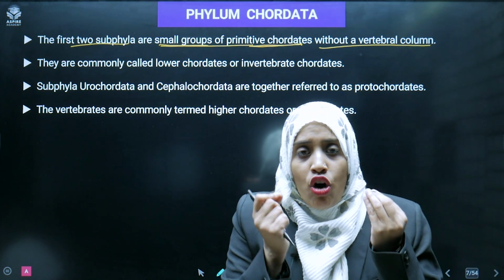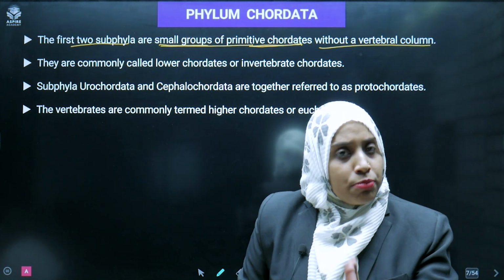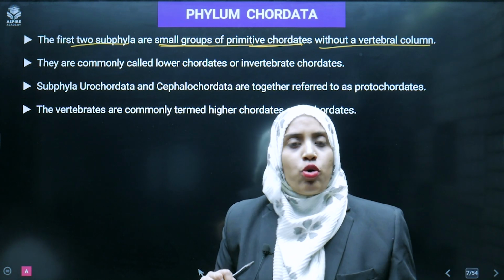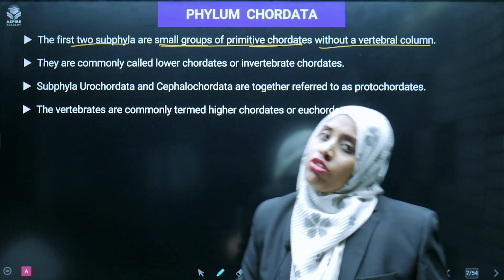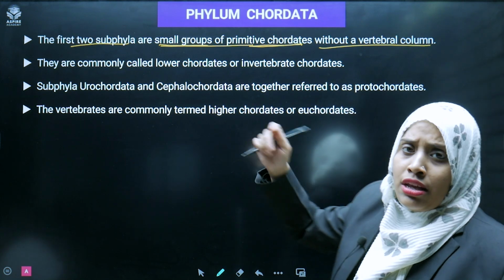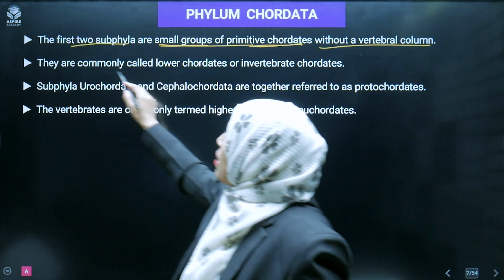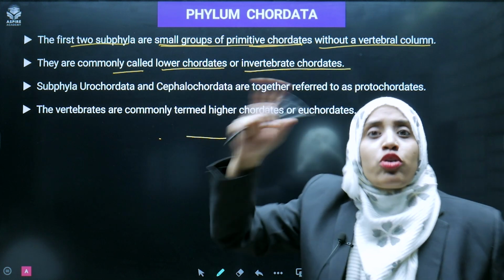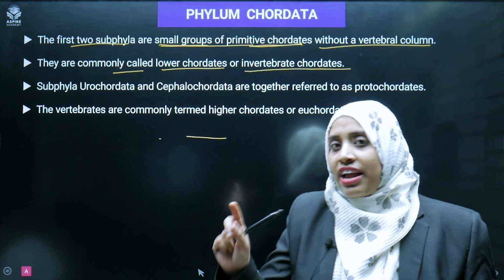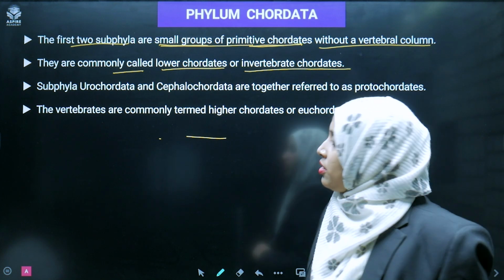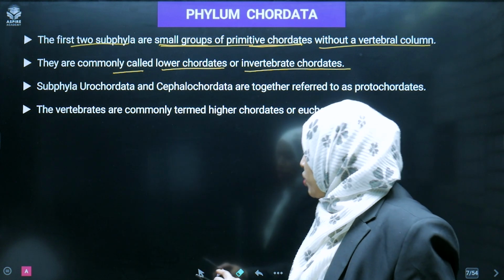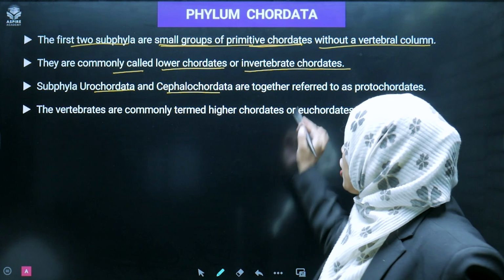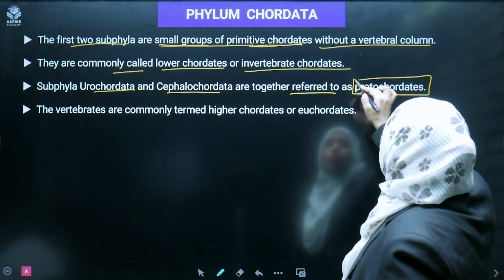The difference is of the vertebral column. Those with a vertebral column present are Vertebrata; those without are still chordates, but either Urochordata or Cephalochordata. Commonly, Urochordates and Cephalochordates can be called lower chordates, and simply invertebrate chordates. They are chordates, but chordates without vertebrae.